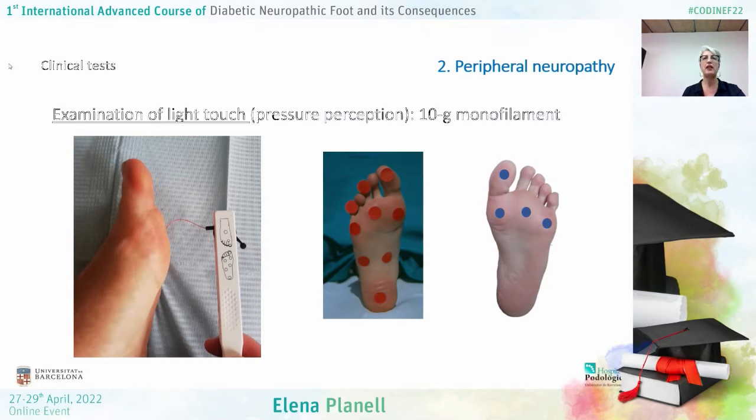Most studies recommend testing at 10 sites, but most propose that the sites of examination should be on the plantar surface of the first, third, fifth metatarsal and the first toe, bilaterally. Areas of ulceration, calluses, scars, or necrotic tissues should always be avoided.